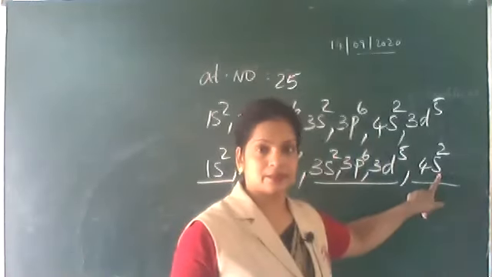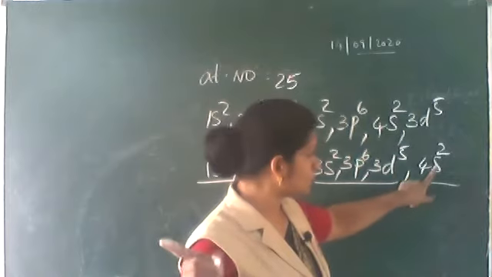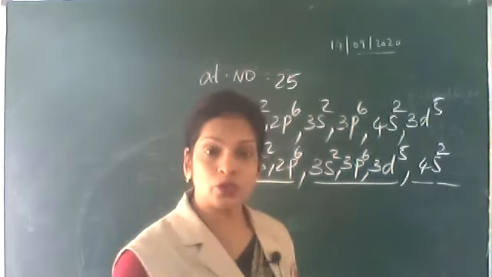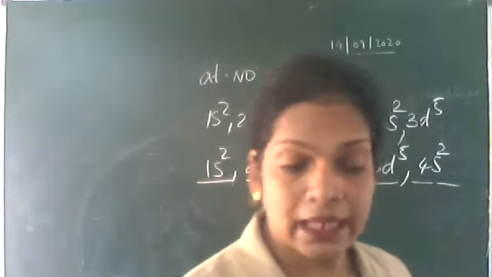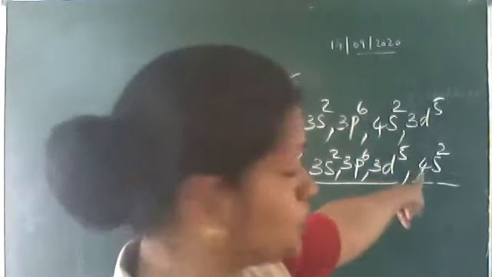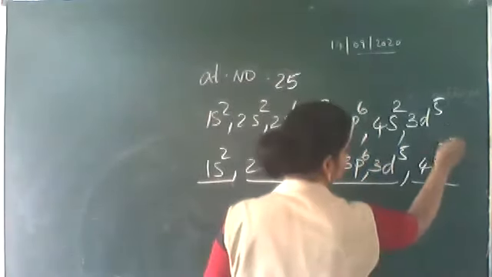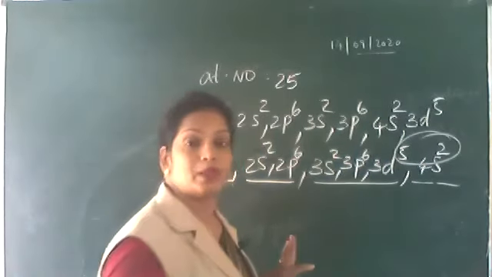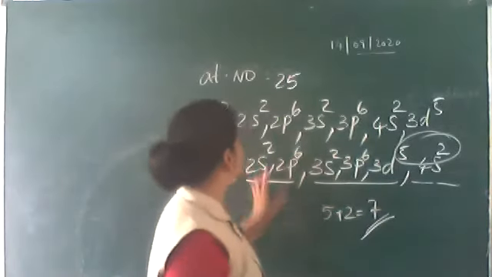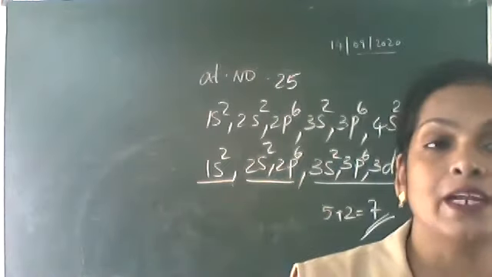So this is ns, and in n-1 also, in addition to these 2 electrons, there are d electrons. So the group number is this plus this: 5 plus 2, that is 7. Atomic number 25 is in the 7th group. In this way, you have to find out the group number.